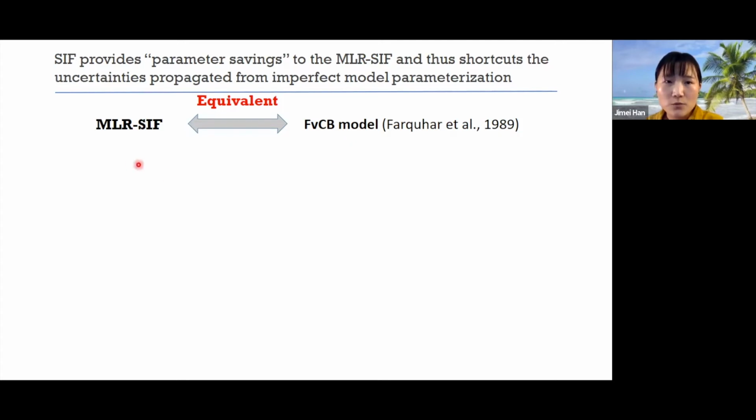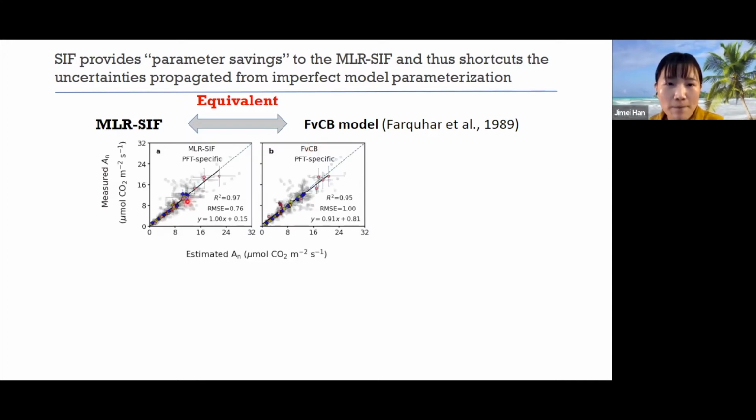The difference between these two models is that our model is from the perspective of light reactions, but the traditionally used FVCB biochemical model is from the perspective of carbon reactions. Another difference is that our model can be used only if SIF is available. So based on the equivalence, we tested the uncertainties of these two models.